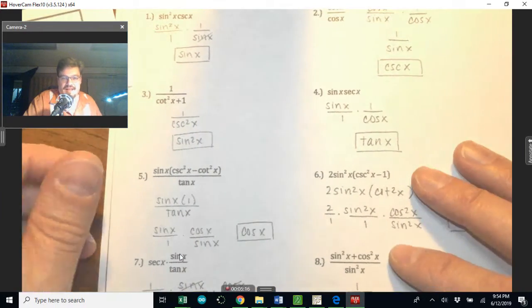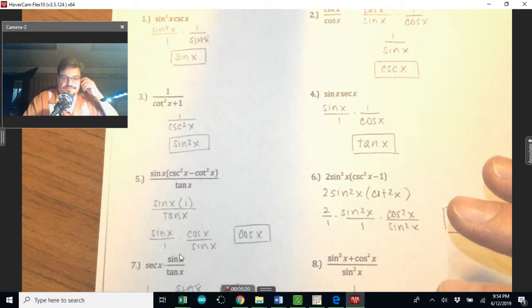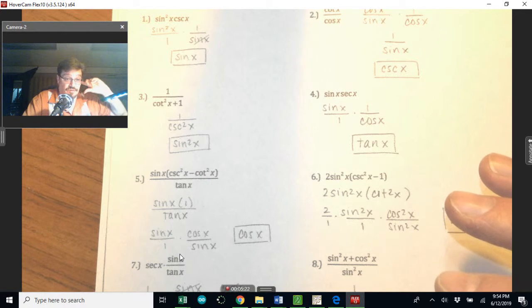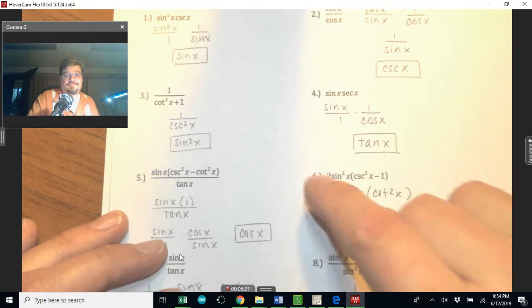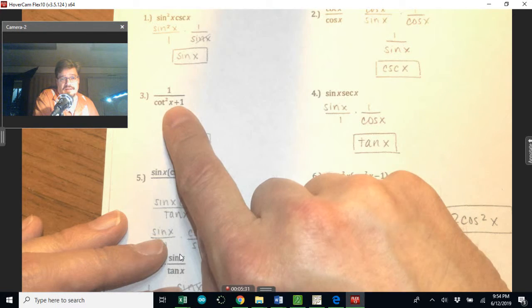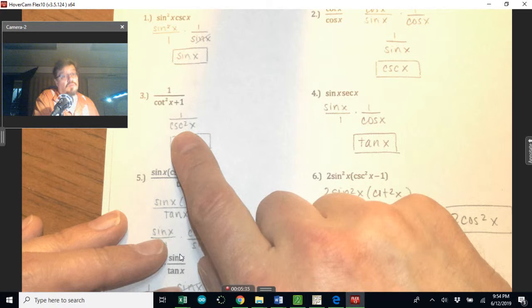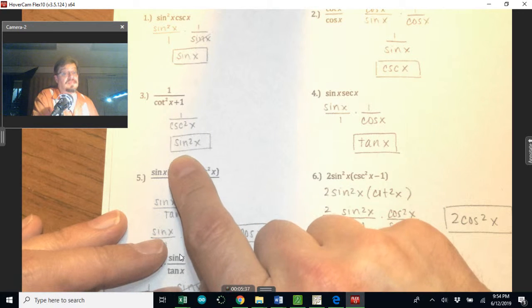Honestly, you just have to be careful here and use the rules of the game to simplify. Cotangent squared plus 1 is an identity, so it's 1 over cosecant squared. What is 1 over cosecant? It's sine.